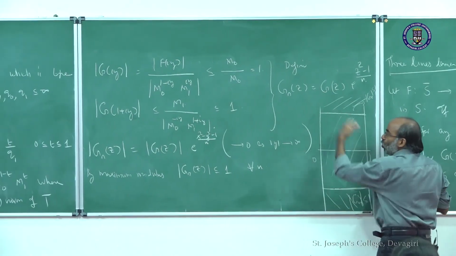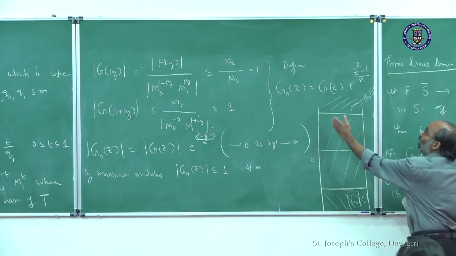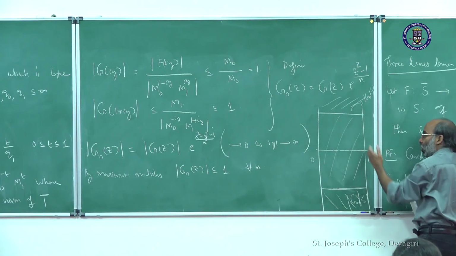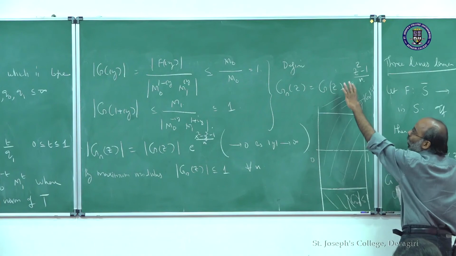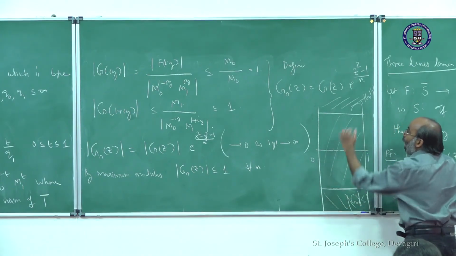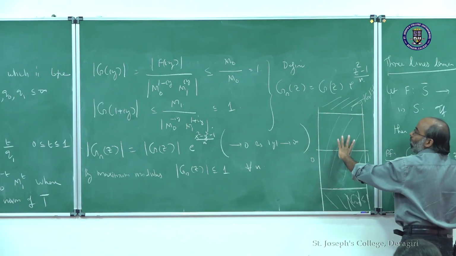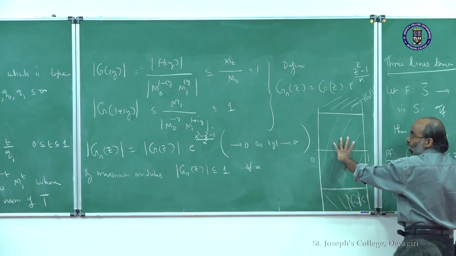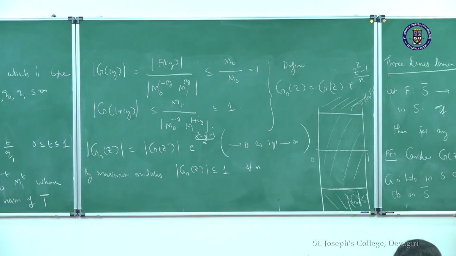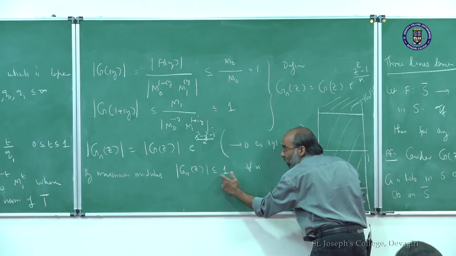It has nothing to do with any value of g or any value of n, because it is bounded by 1 on this line, bounded by 1 on this line, and goes to 0 inside. So, I take a large enough square outside, which is less than or equal to 1, on the boundary it is less than or equal to 1, and maximum modulus tells me it is less than or equal to 1 inside. So, the 1 is an absolute constant you get. So, the bound here is independent of n.